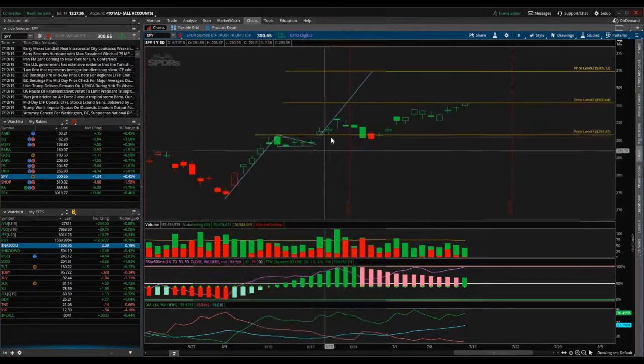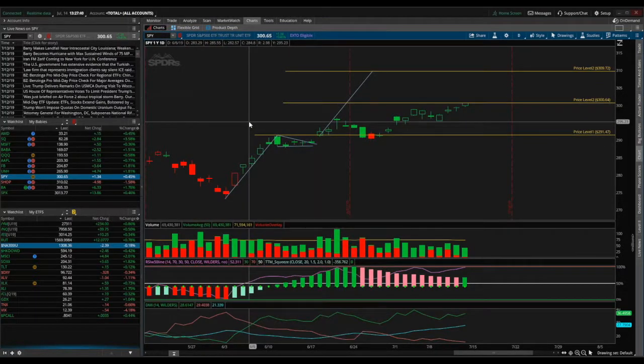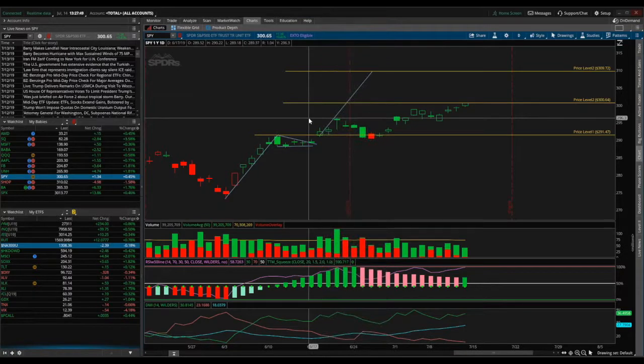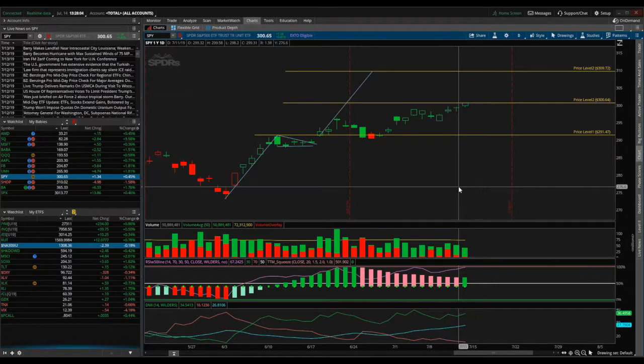In our chat, I don't believe we had SPY this week, but we definitely had QQQ on the breakout, and one of our first price targets was right in this range. This is a month ago, but we've been in and out of this move a good amount of times and have profited a good amount of times.